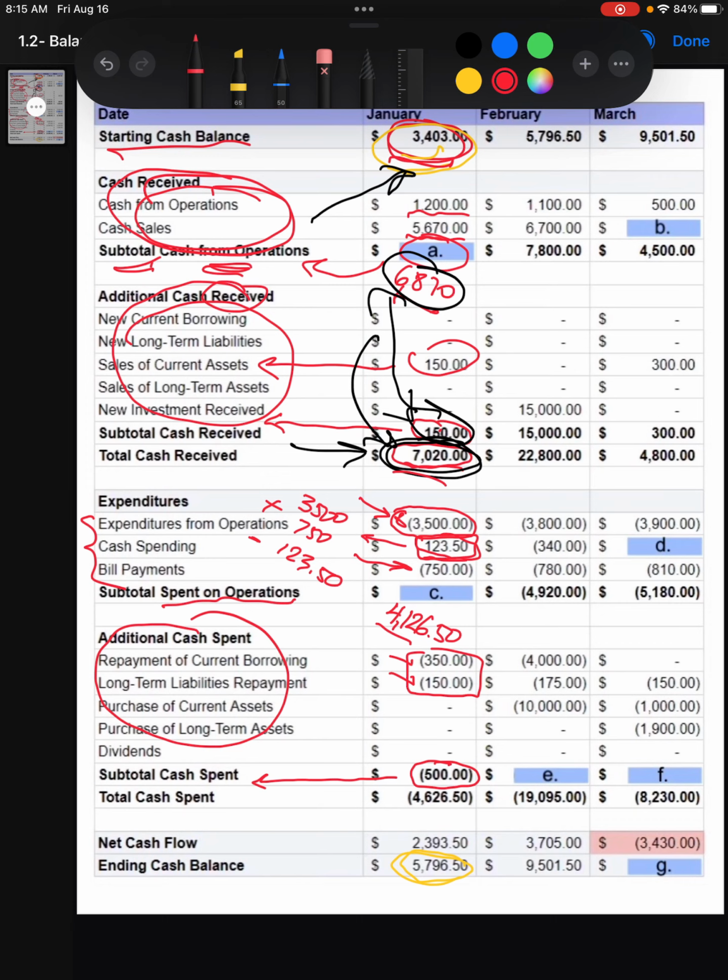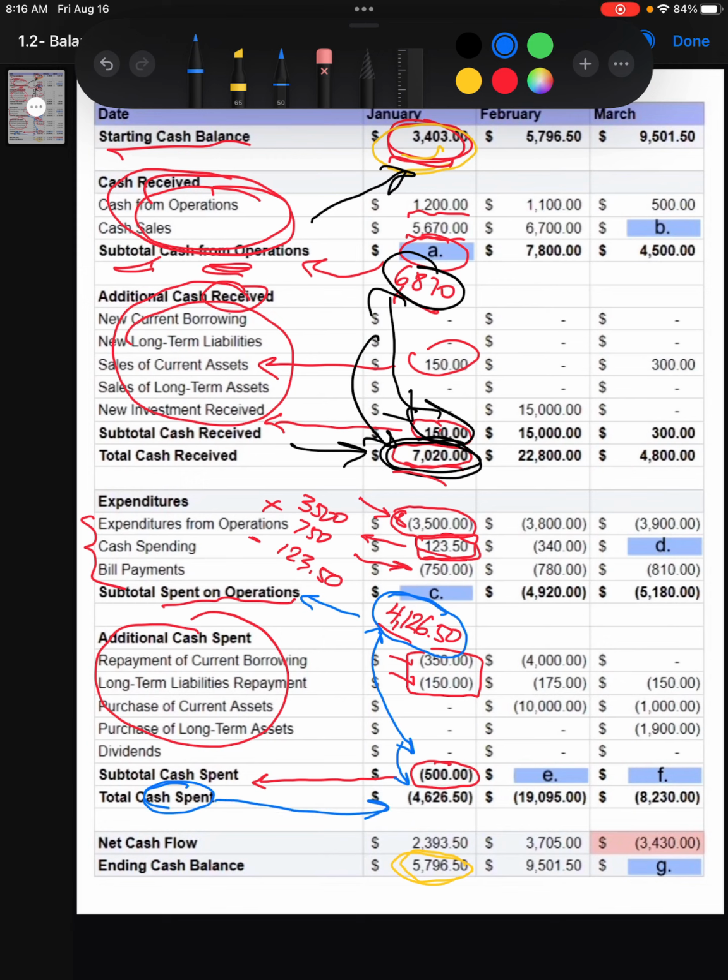Now the two of them should be this. You should do this category, 4,126 and 50, and you add this 500, and as you can see, you get 4,626 on cash spent.